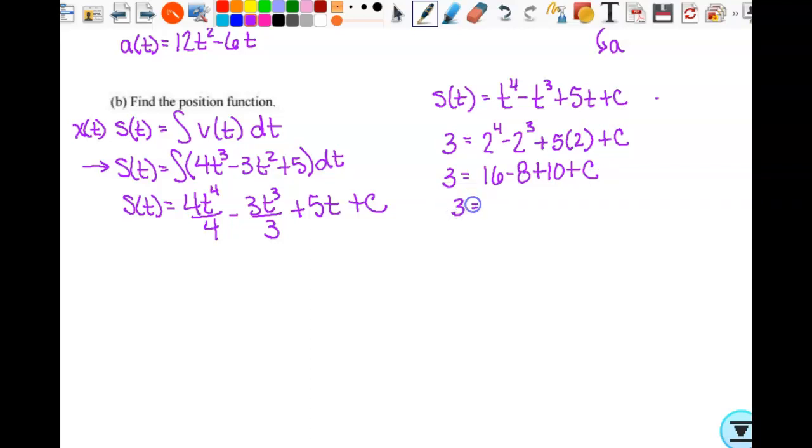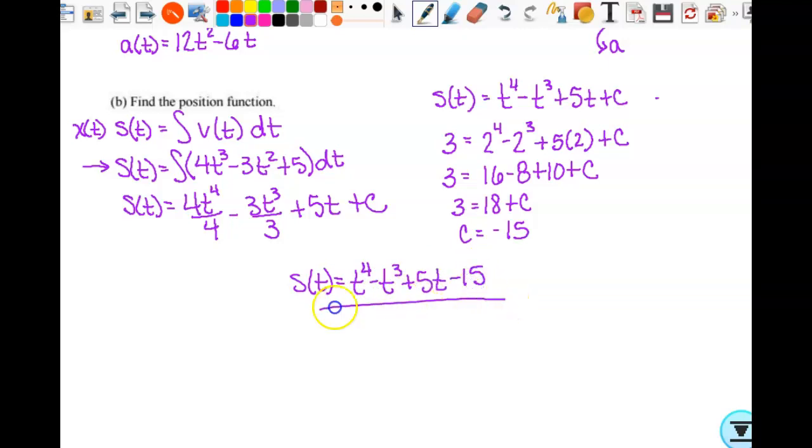So 3 equals 18 plus c. So c equals negative 15. Which means my position, x of t or s of t, equals t to the fourth minus t cubed plus 5t minus 15.